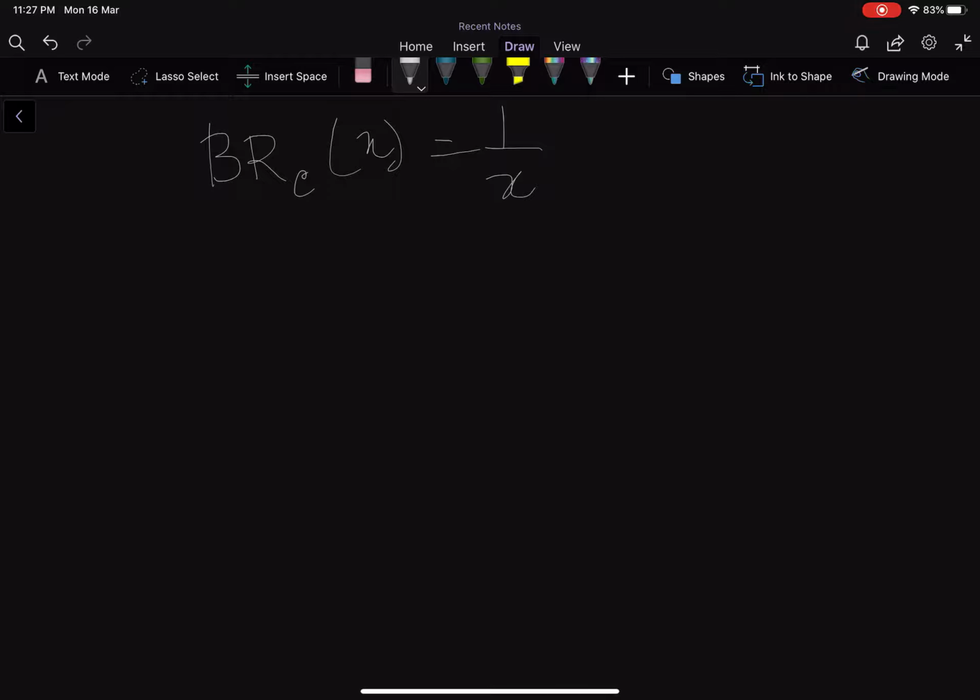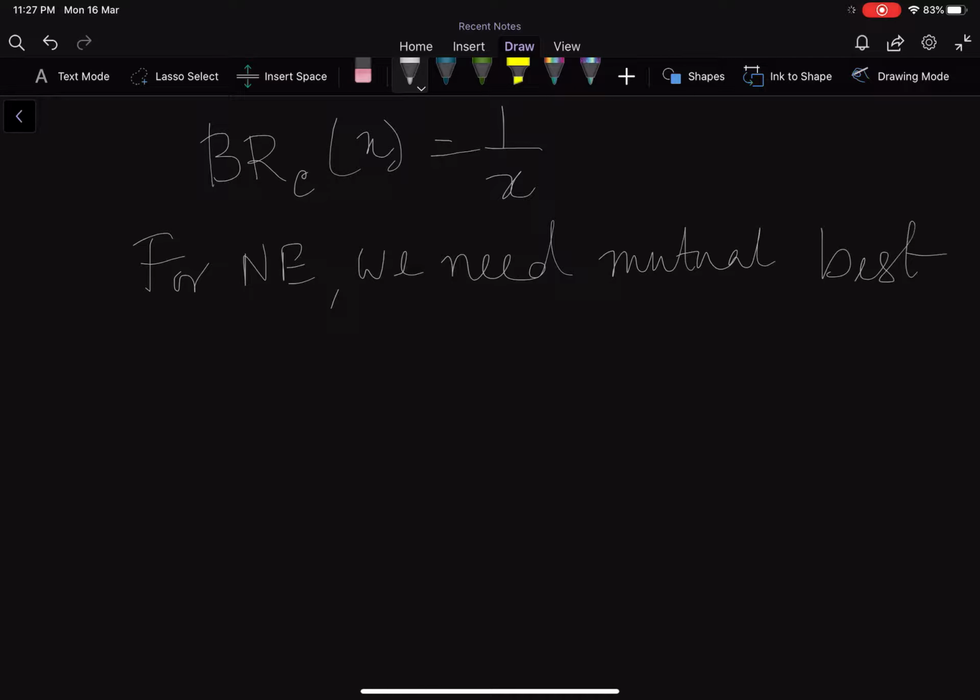So now you can find out the Nash equilibrium. For Nash equilibrium, we need mutual best response.